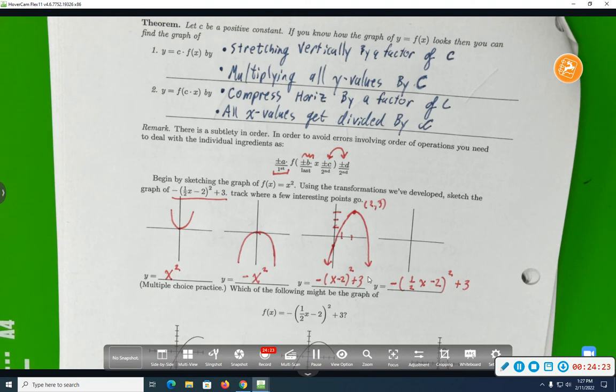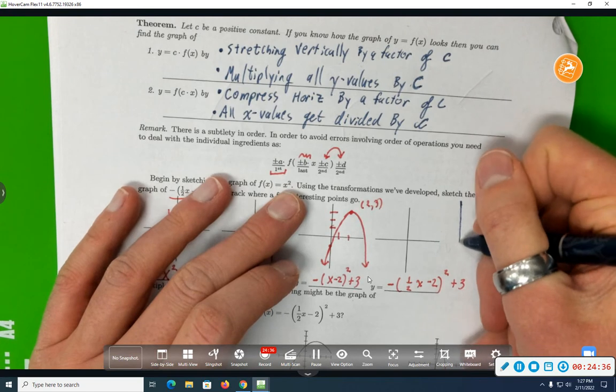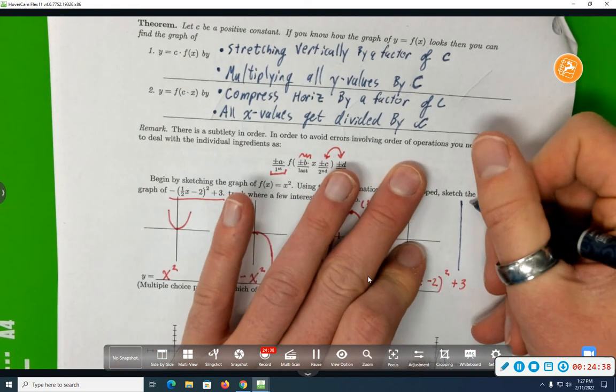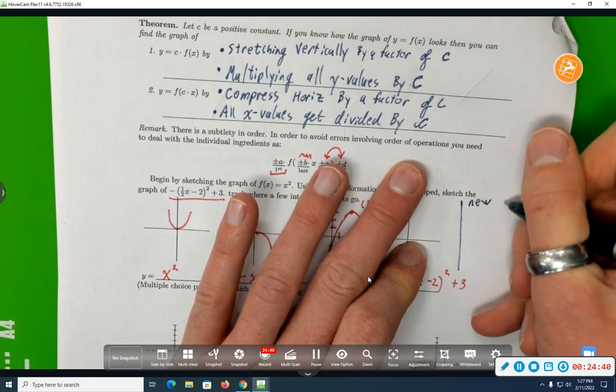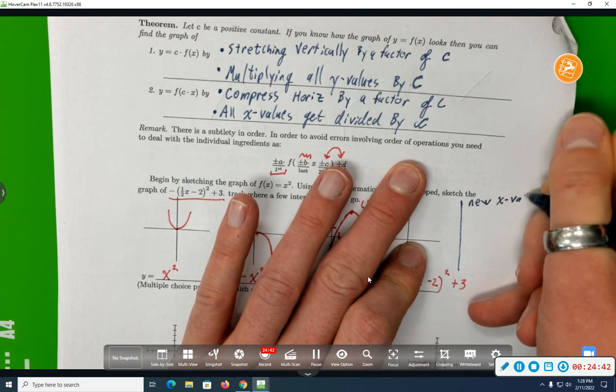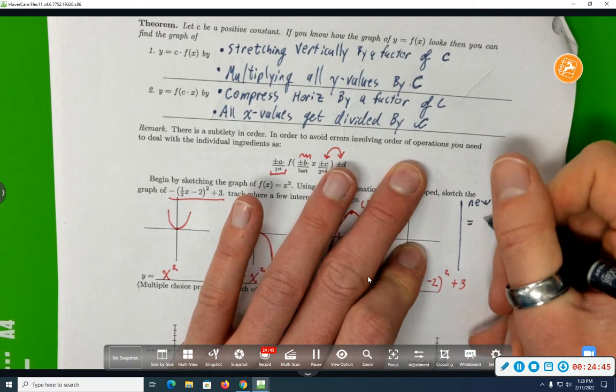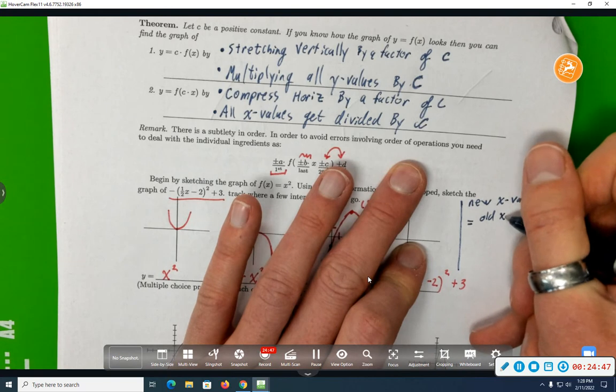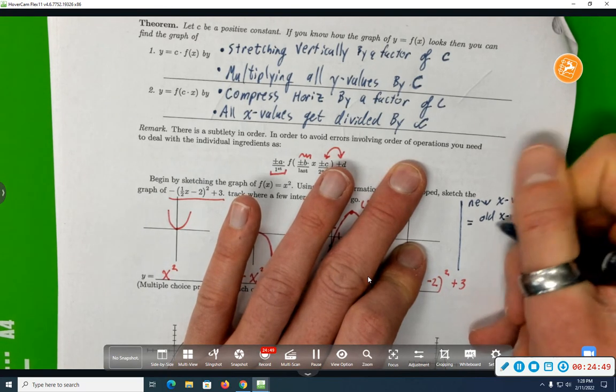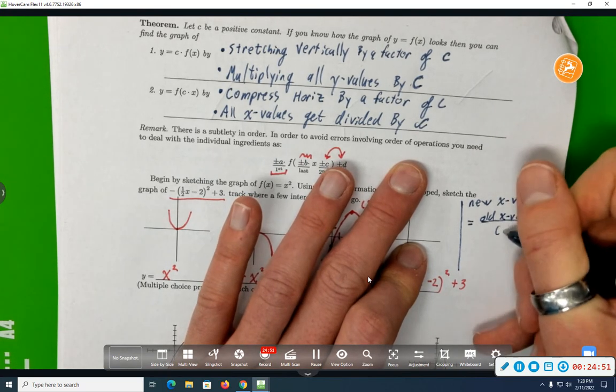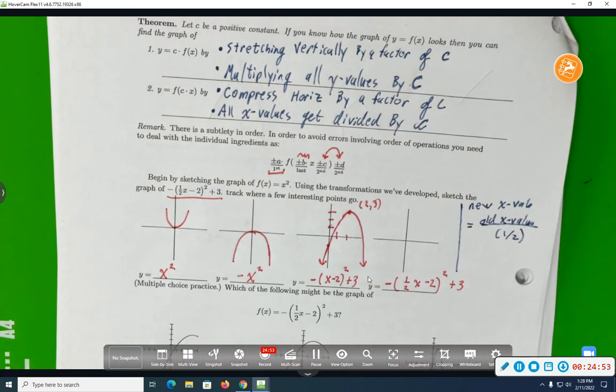And that's a confusing thing to say, so let's read it the other way. All of the x values will get divided by 1/2. Let's write out what that means. The new x value is the same as the old x value divided by 1/2.